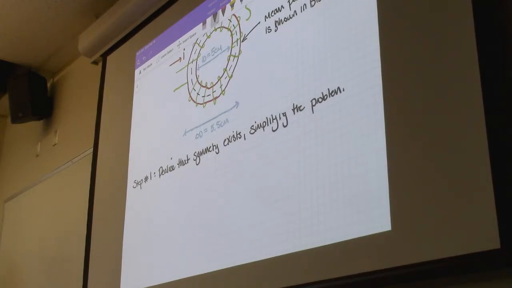This problem would be a lot more difficult if we had an irregular shaped toroid, if the coils weren't evenly spread throughout the circumference, or if the path was not uniformly going through the center of the toroid.